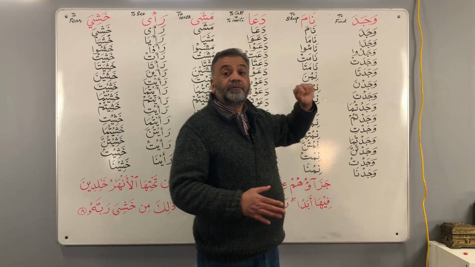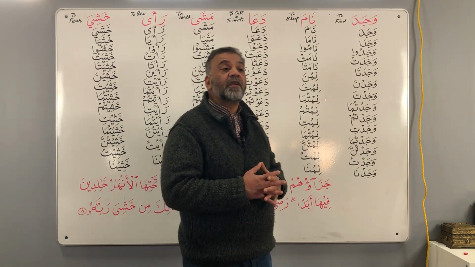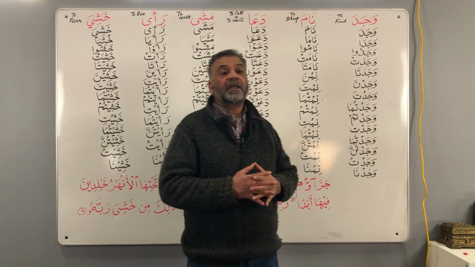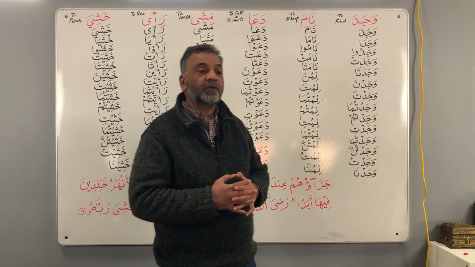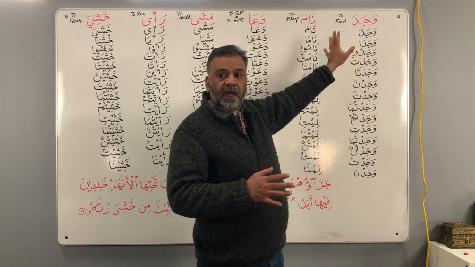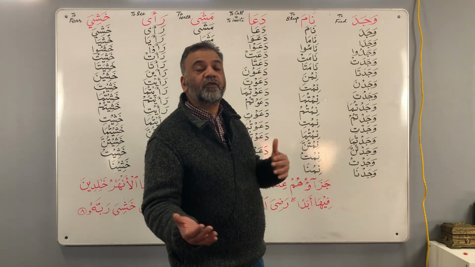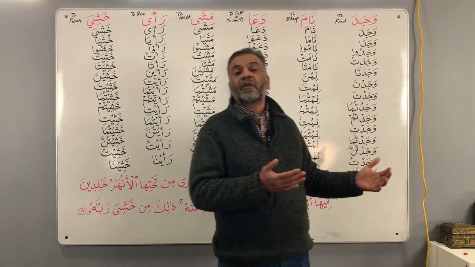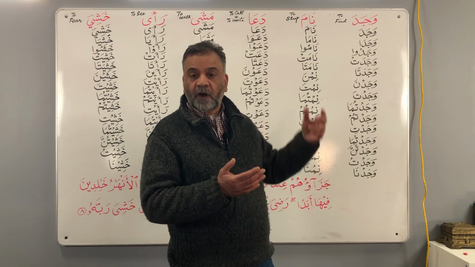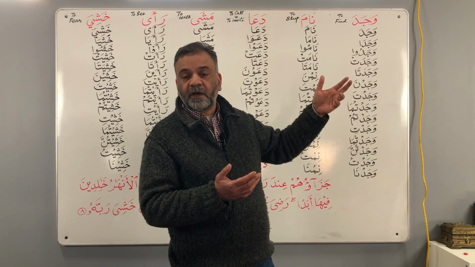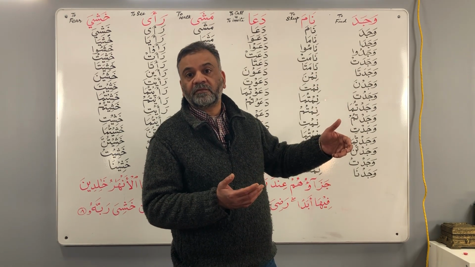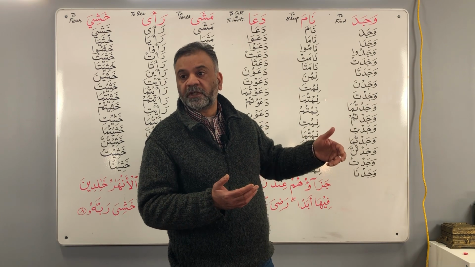So, wajada, what is the mudare form of wajada? Yajidu, right. We do not have the mudare here, but what happens is when wajada moves into the mudare form, the waw kalima, the fa kalima gets dropped, right.